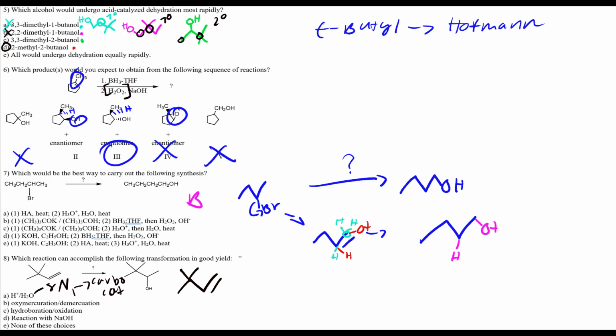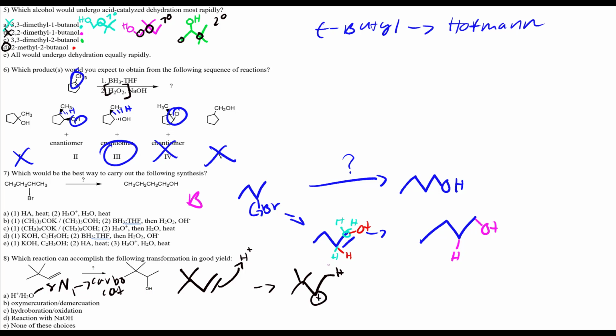Our little H is going to be attacked by this very electronegative double bond. And it's going to do kind of like a Markovnikov reaction. So therefore, our added hydrogen is over here, and our positive carbocation is over there.